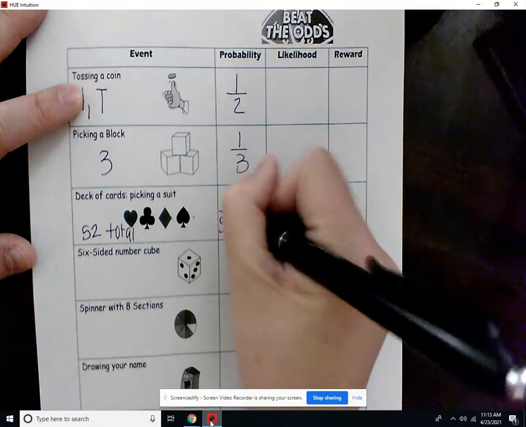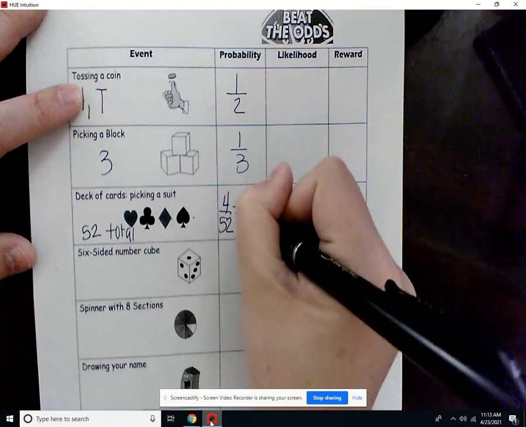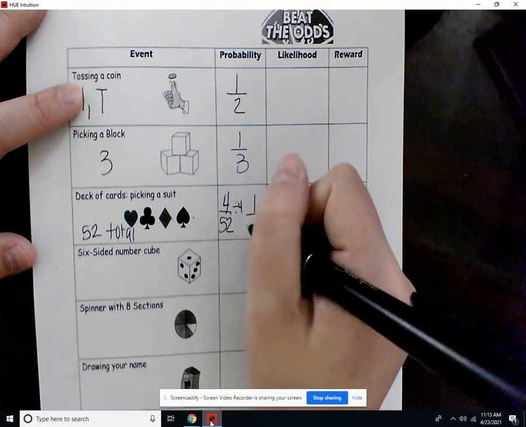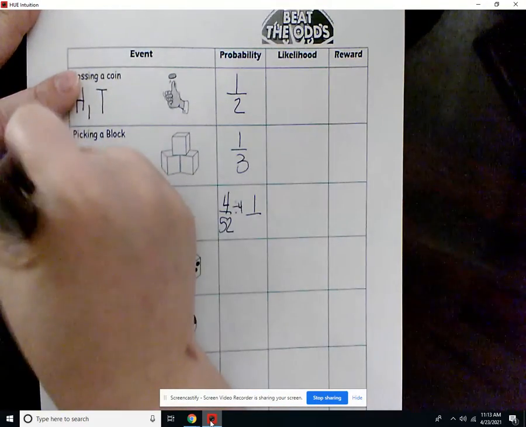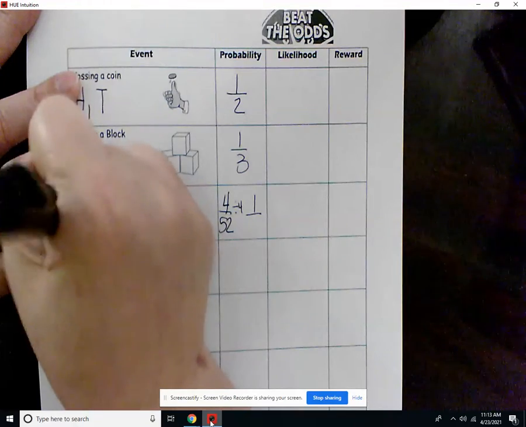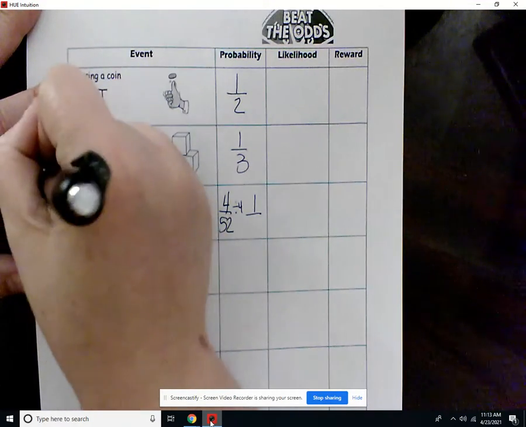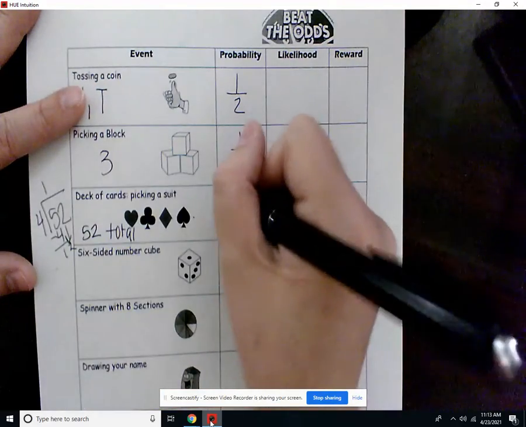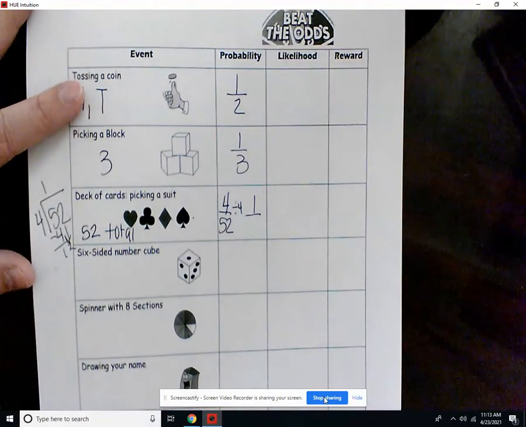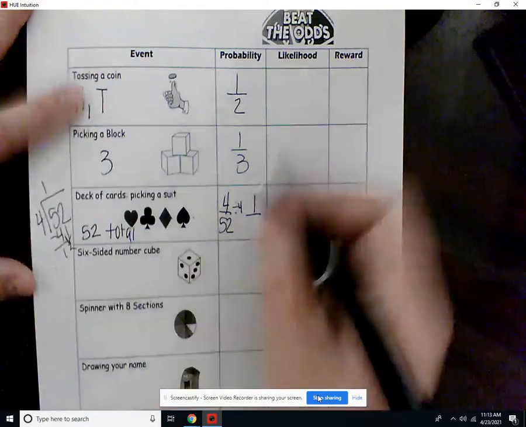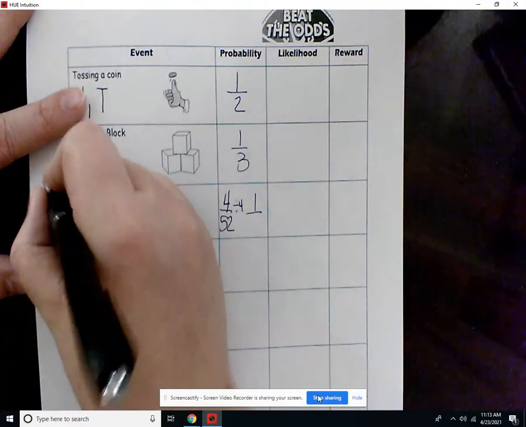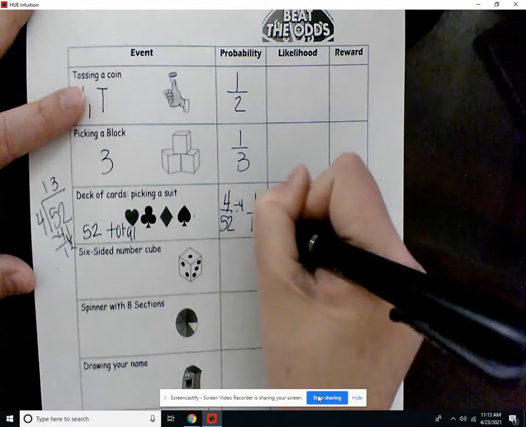We can divide it by 4, which is going to be 1/13.